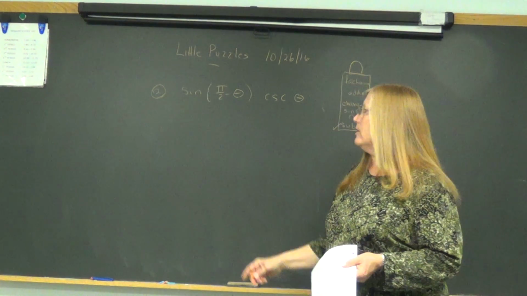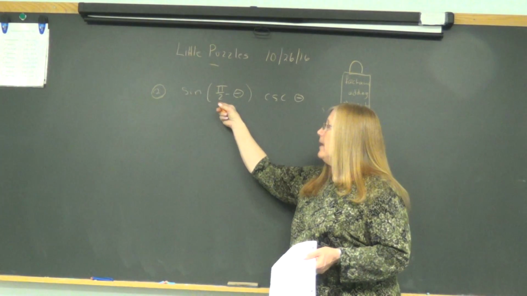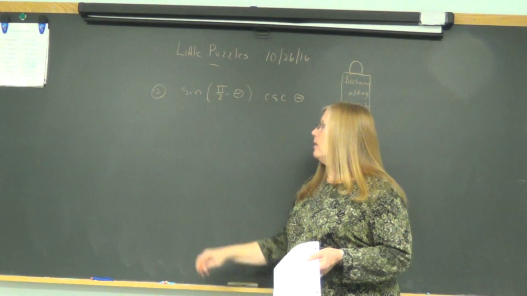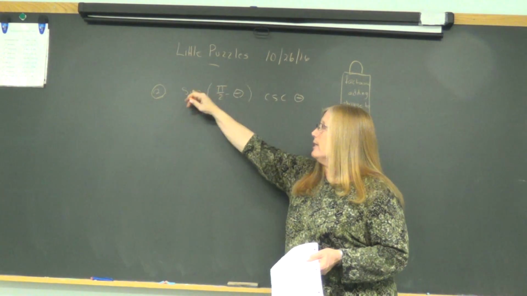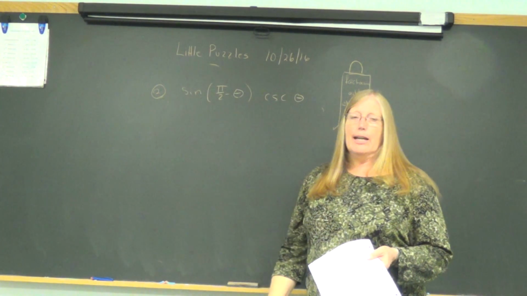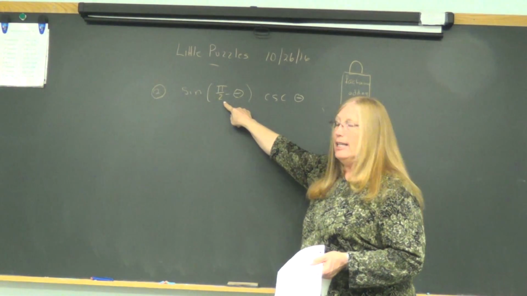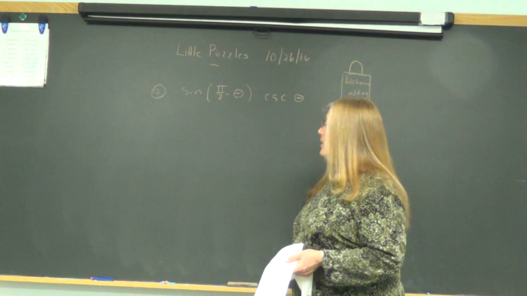So going to the trig IDs, sine of pi over 2 minus theta, would you go and find out which one is equivalent to this? That will be easy to spot because there's only one section of IDs that look like this. Did you find it?